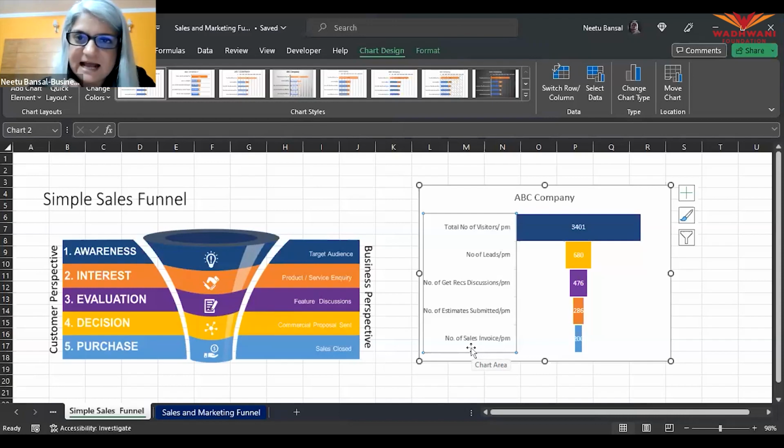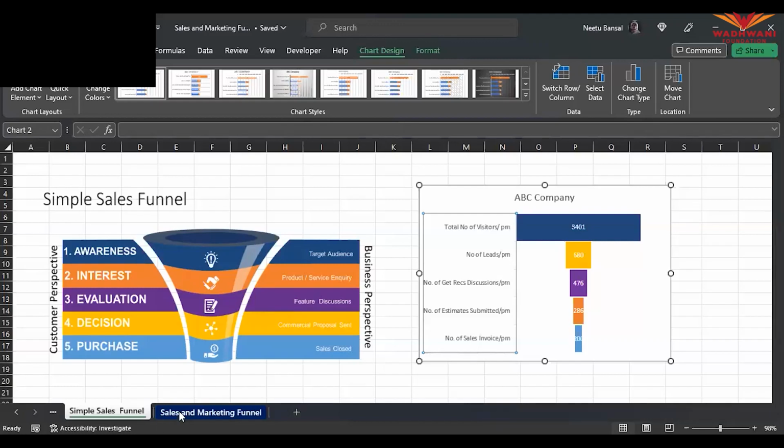So if you have a physical channel and a digital channel, or in the physical you have a direct channel and a partner channel, you can use separate funnels and say, okay, this is my partner funnel, this is my direct funnel, and see the comparison over there and see where your efforts are less but your returns are higher. So if you see, this is a very agile tool which you can use in multiple scenarios. Okay?